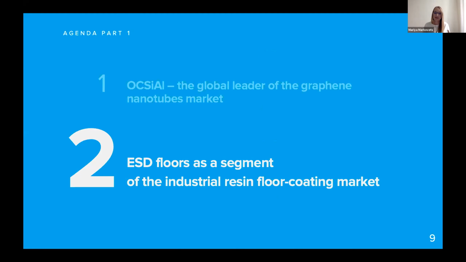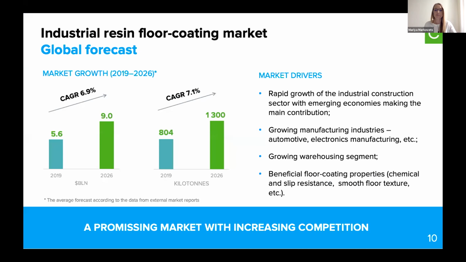So coming back to the topic of our webinar, we all understand the importance of ESD floors, especially in the industries where electronic components and volatile chemicals are involved. So let's consider these market segments and their growth in the framework of the total industrial resin flow coating market. The market itself is rather fast growing.